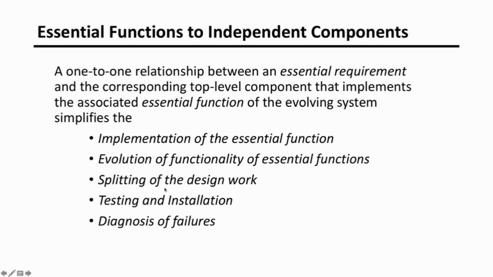Another big advantage, and this is particularly for a large project, is that we can split the design work very cleanly. We can say this essential function is done by group A, the other essential function is done by group B, the third one by group C, and these functions are independent of each other.